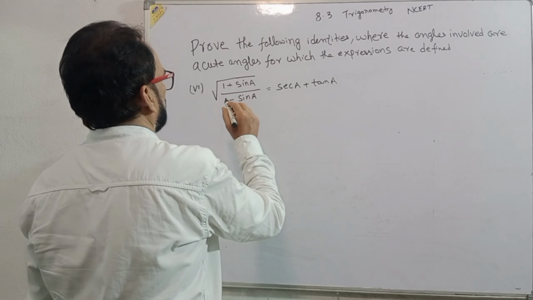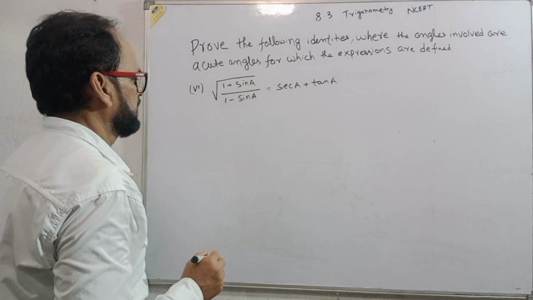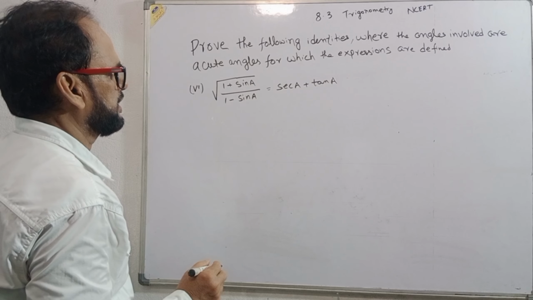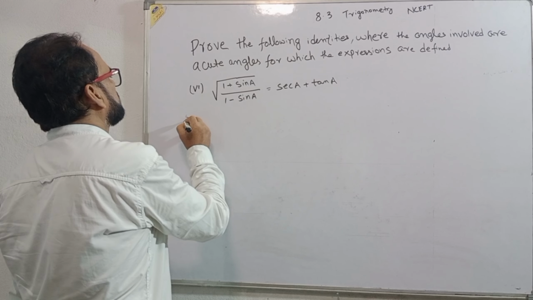Under root 1 plus sine A divided by 1 minus sine A equal to sec A plus tan A. Solution.